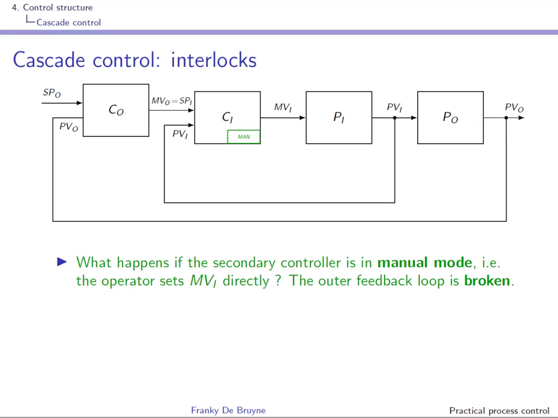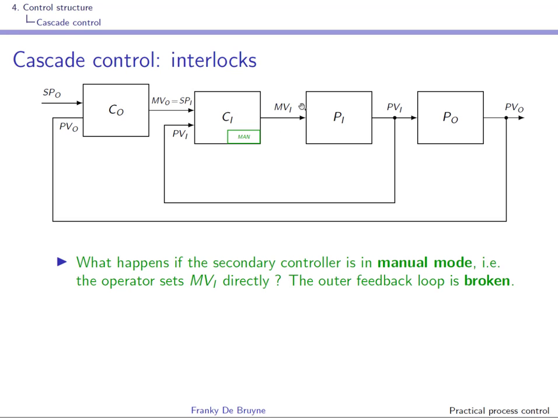What could happen is that the secondary controller, or the inner controller, or the slave controller, is in manual mode. This means that the operator is directly imposing the inner MV, and whatever is happening at the output of the outer controller is not taken into account.